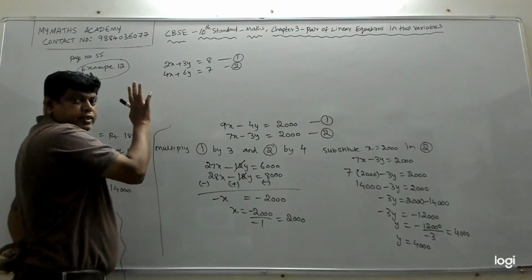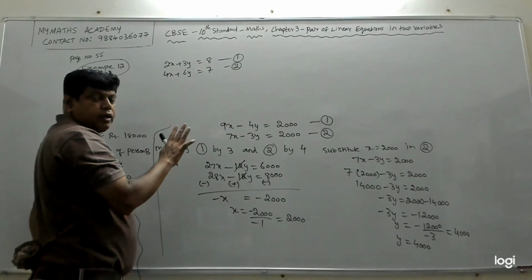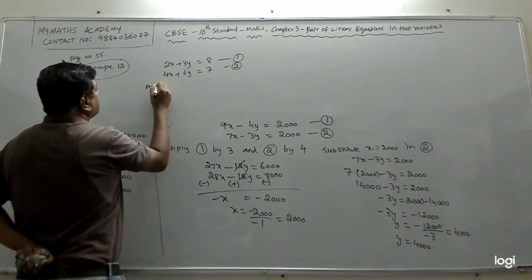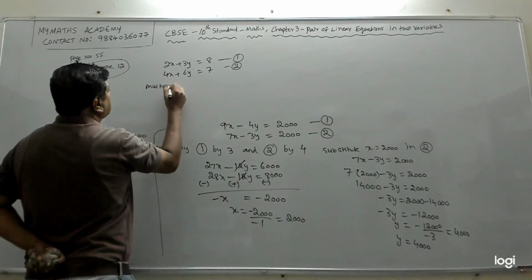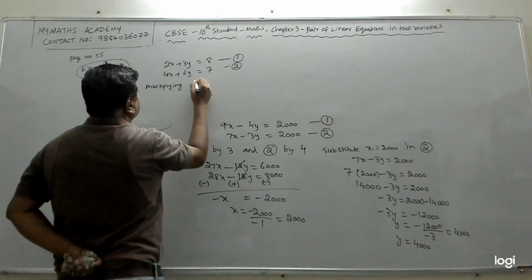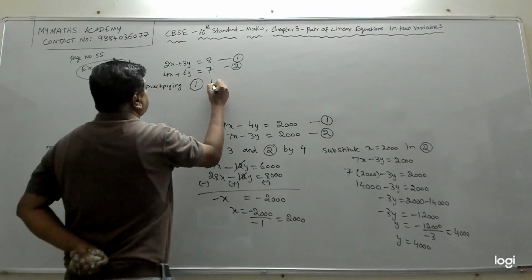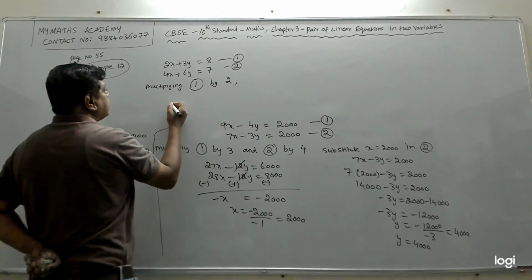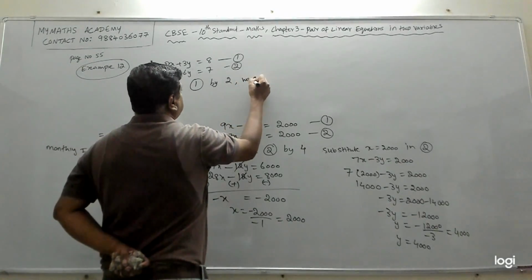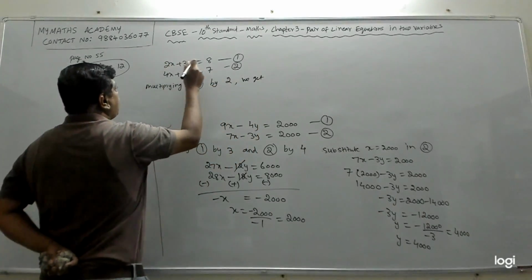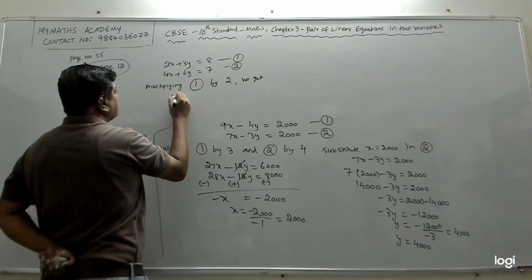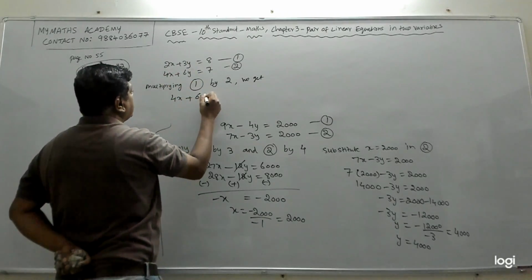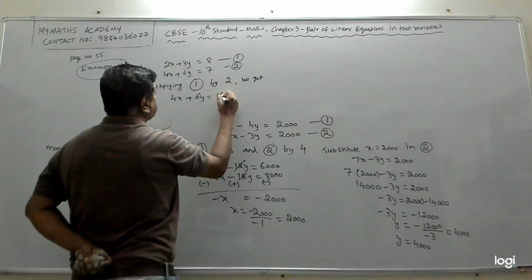So multiplying the first equation by 2, what do we get? We multiply this throughout by 2. Then 2 into 2, 4x, plus 2 into 3y is 6y, equal to 2 into 8 is 16.